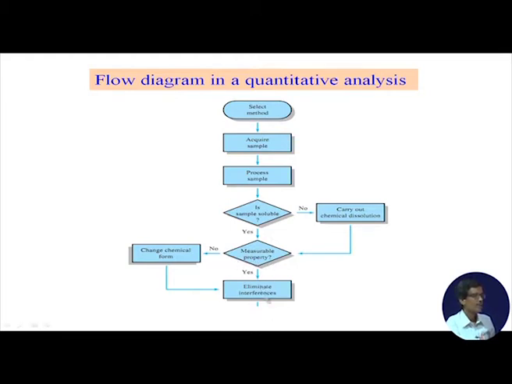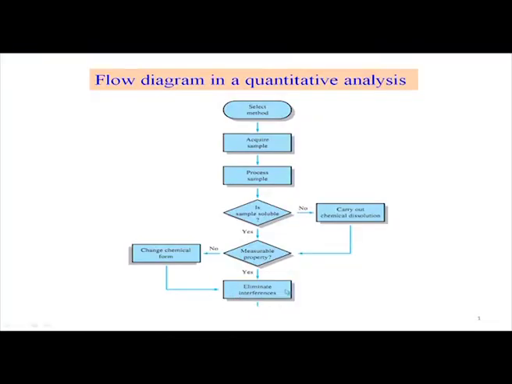If it is yes, then we can eliminate the interferences. What is that? Nickel ions, Ni2 plus, can interact with the DMG, giving rise to the corresponding colored complex, which we can measure. But if some other metal ions are also present, we all know that the steel sample can have some other metal ions, it can have chromium or any other metal ion.